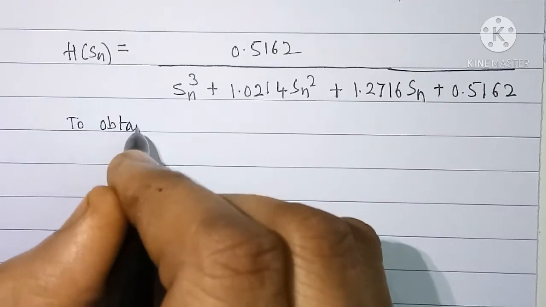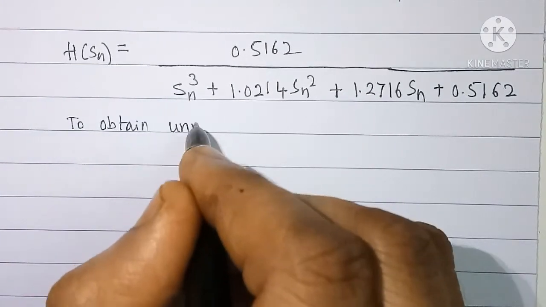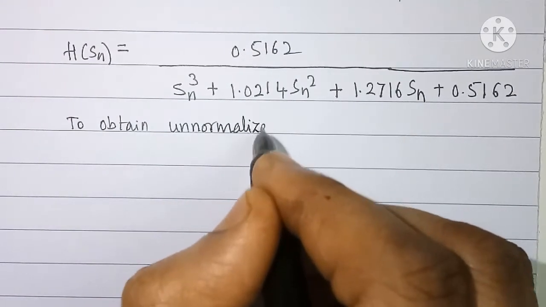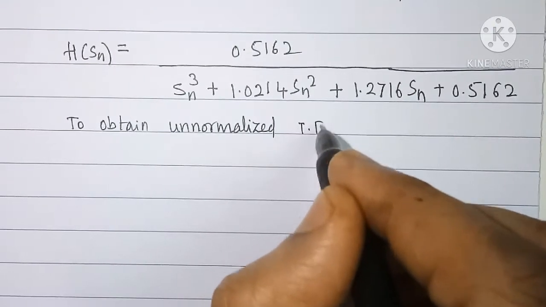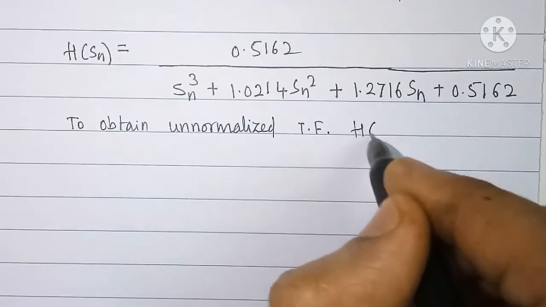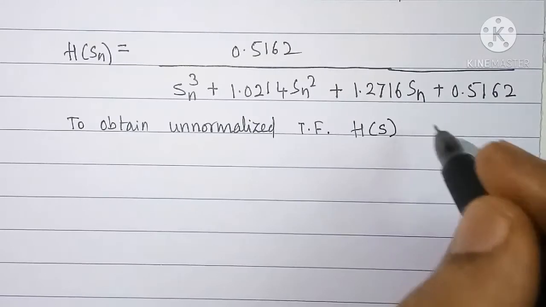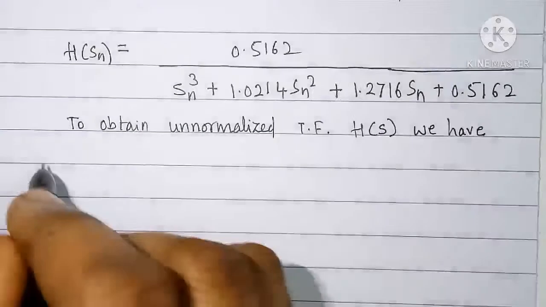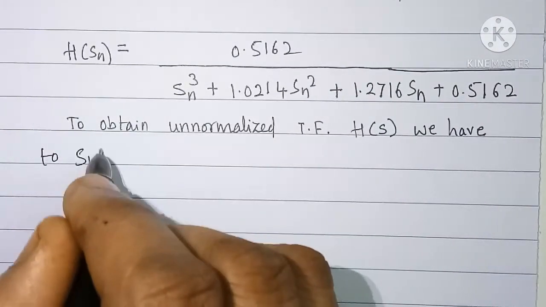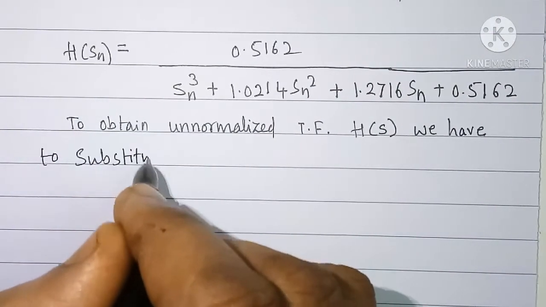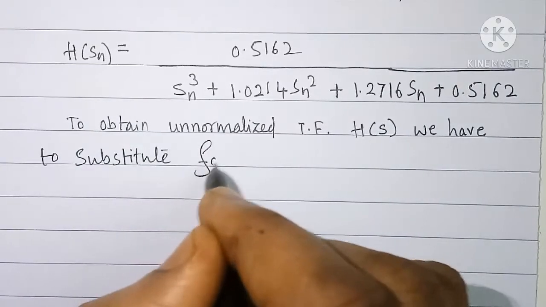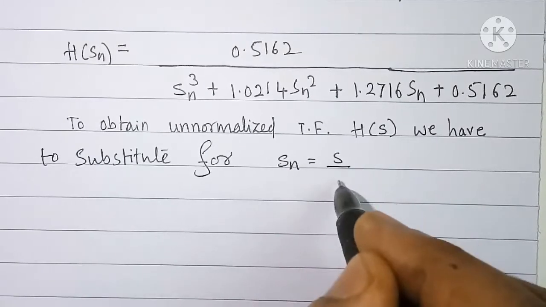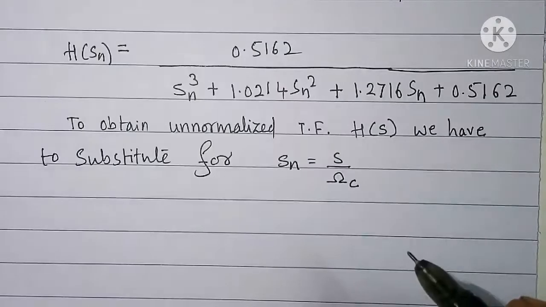To obtain the unnormalized transfer function h of s, we have to substitute Sn equal to s by omega c.